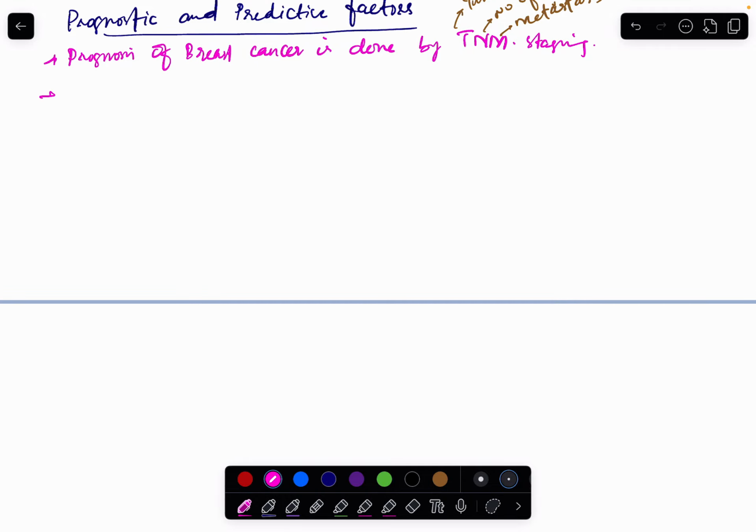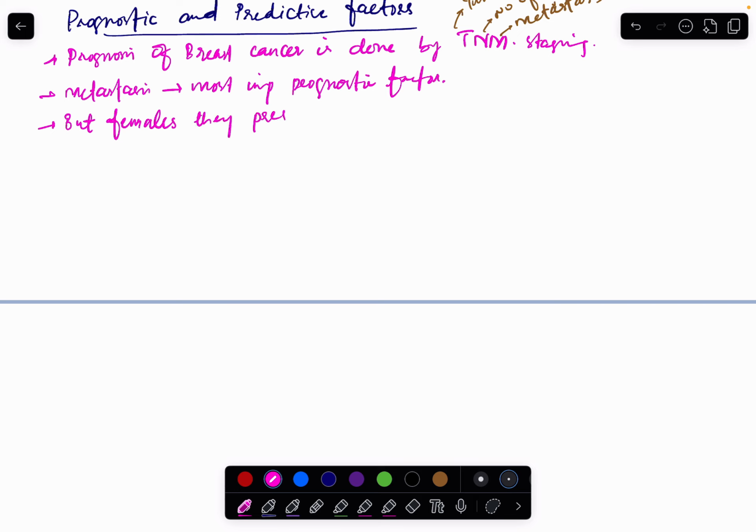Although metastasis is the most important prognostic factor, females present before metastasis.